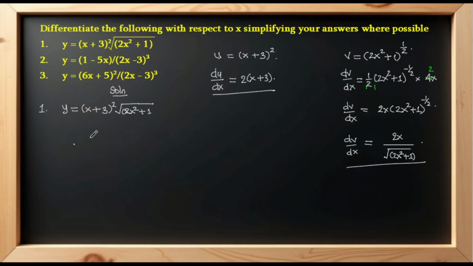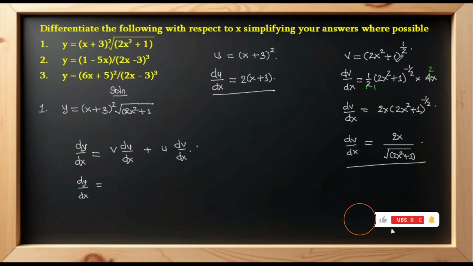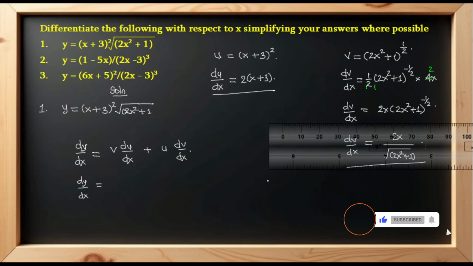So we can go on and put it in our formula of product rule, where we have dy by dx given by v du by dx plus u dv by dx, where our v is this component, and we can write it back in terms of the square root sign.